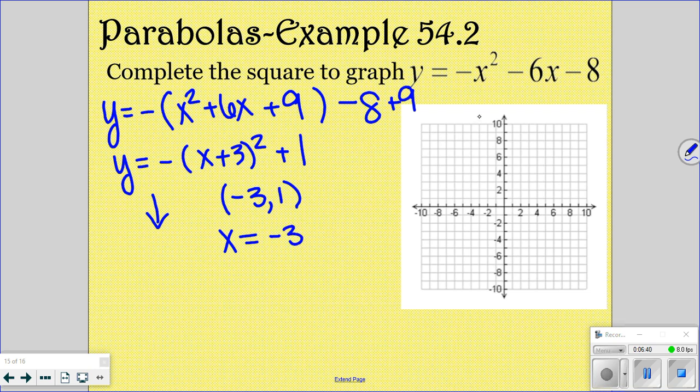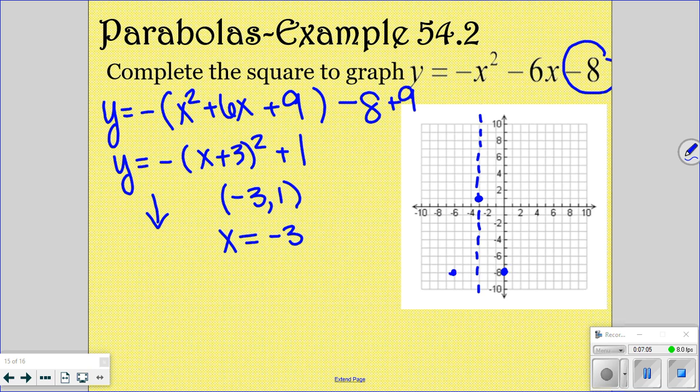So we're going to come over here and graph our axis of symmetry. We're going to graph our vertex. And then we come back up here and we know that our y-intercept is negative 8. So I can come down here and graph negative 8. It's 3 away, so come 3 away on the other side.